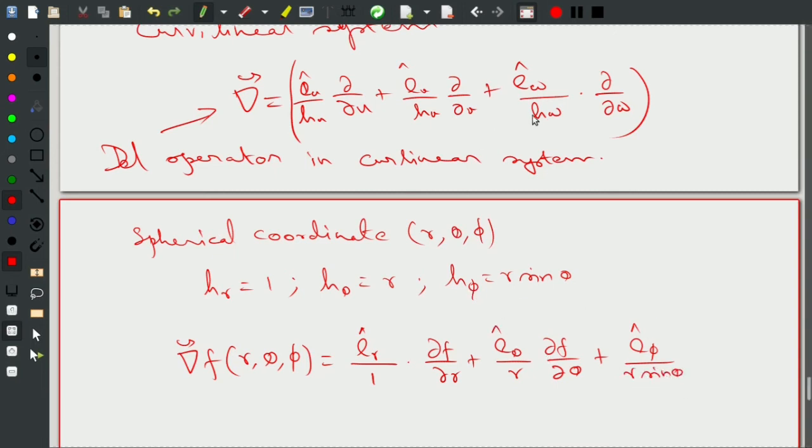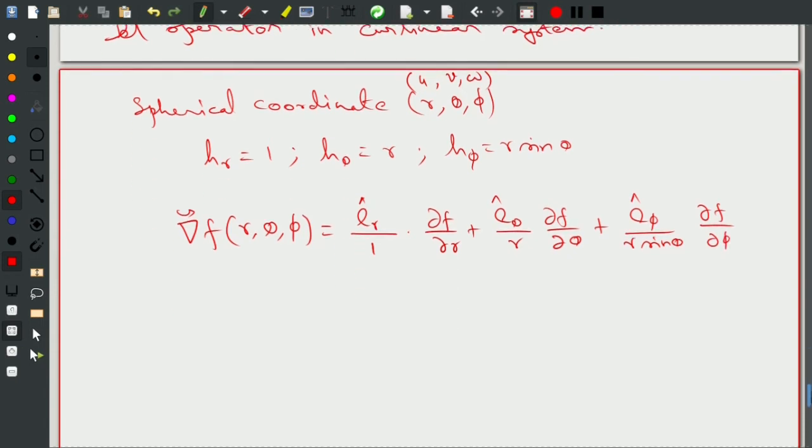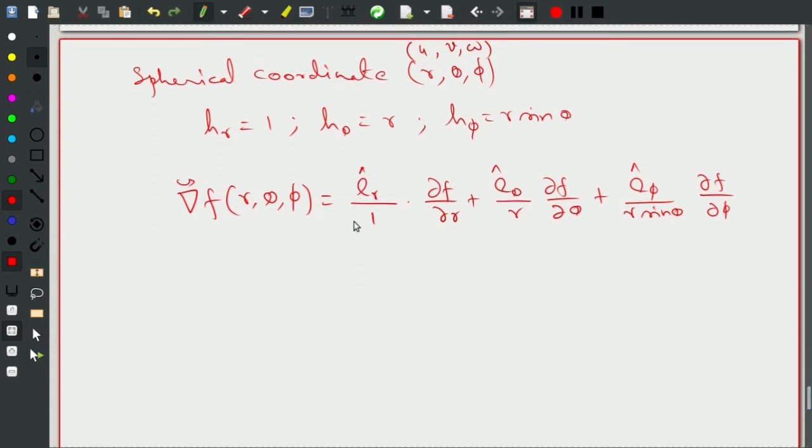Here we have h of w, which is nothing but h of phi. What we are doing is mapping u, v and w to r, theta and phi. That's why we substitute r instead of u, theta instead of v and phi instead of w in this equation, and we have dou f divided by dou phi. So this is our gradient in spherical coordinates.